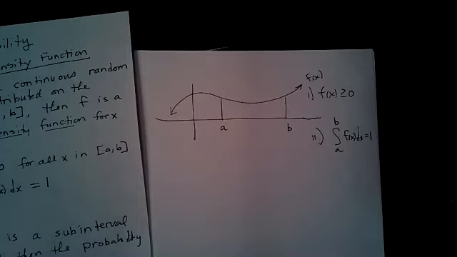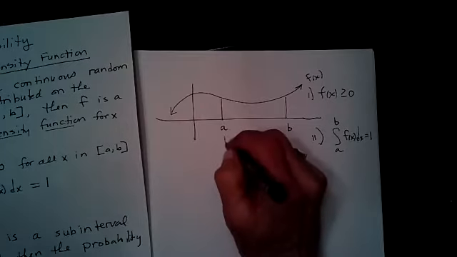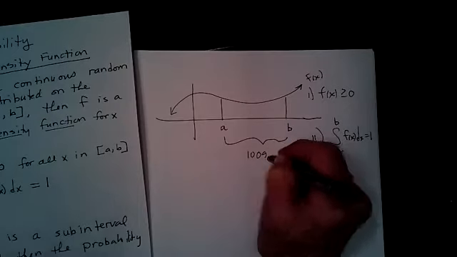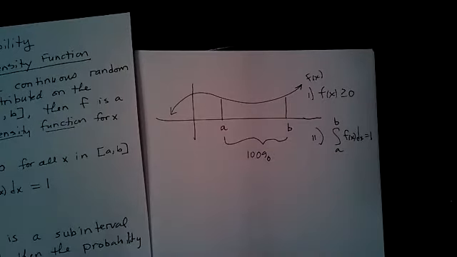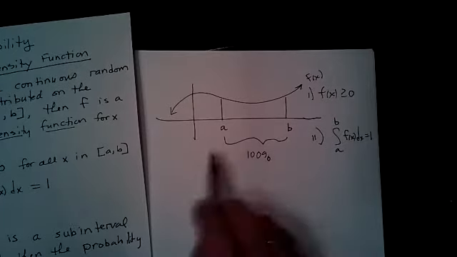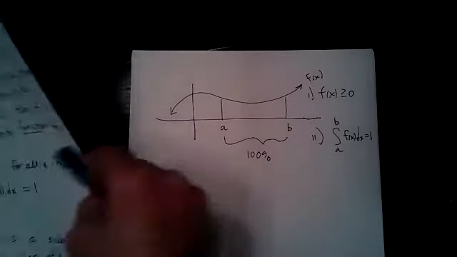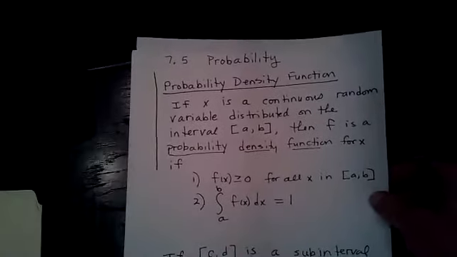And what does that mean? That means there is a 100% probability that if X is a continuous random variable, X lies in this interval. Okay, and so here's my definition again.